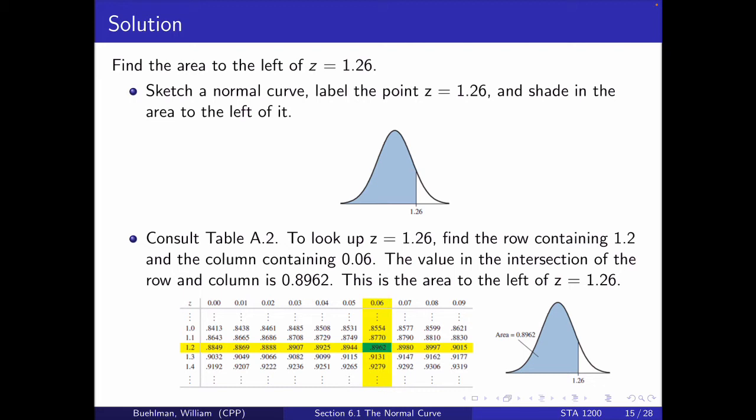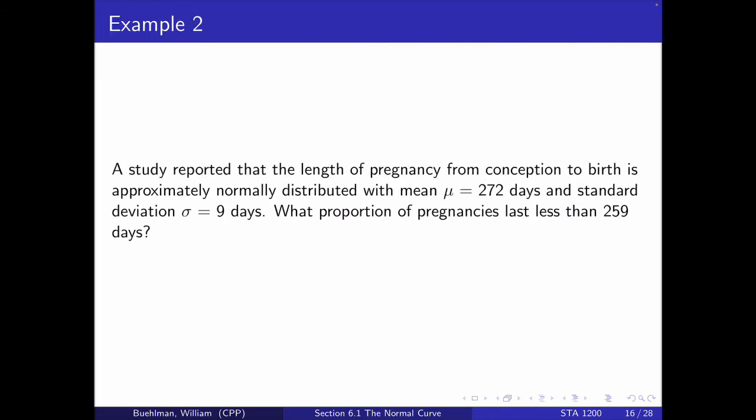This tells us the area to the left of z equaling 1.26. So the area to the left of z equaling 1.26 is 0.8962.